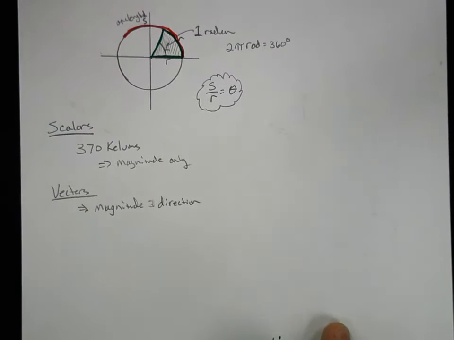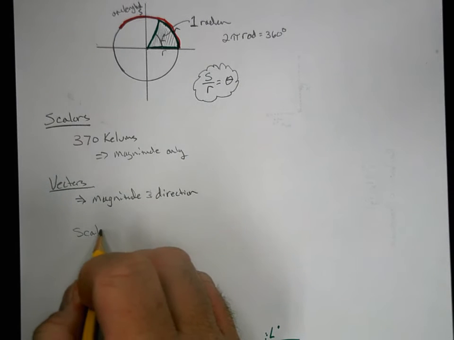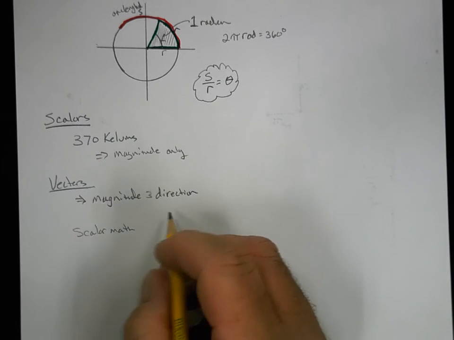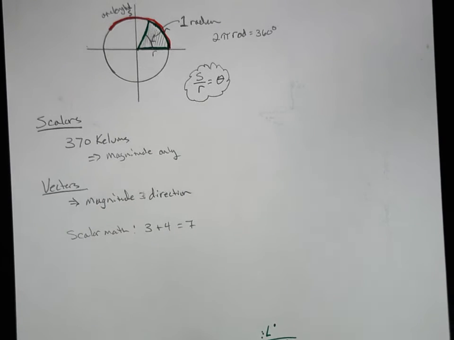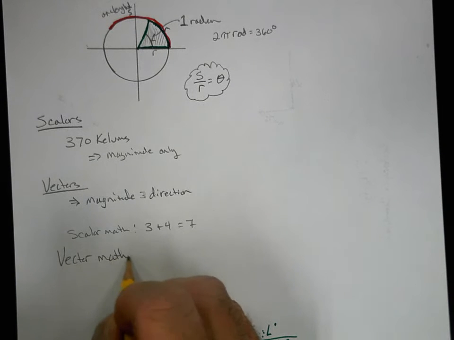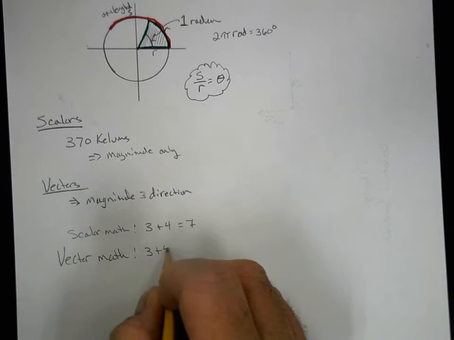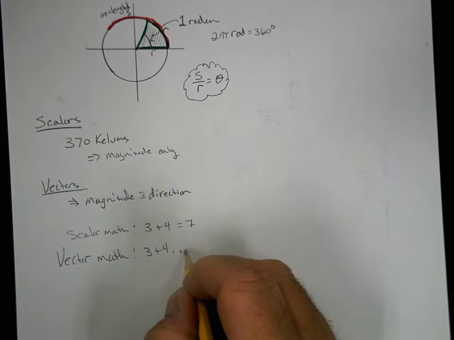So now we have to learn the mathematics of vector quantities. In scalar math, we knew that 3 plus 4 would equal 7, and it's always that in scalar math. In vector math, our 3 plus 4 could equal, I don't know, 5?